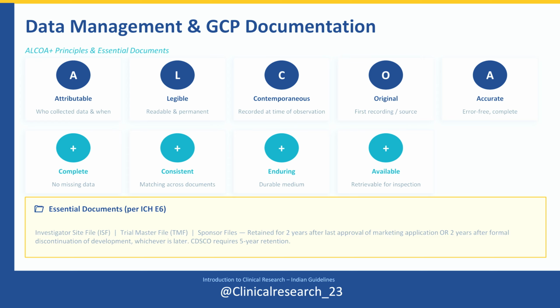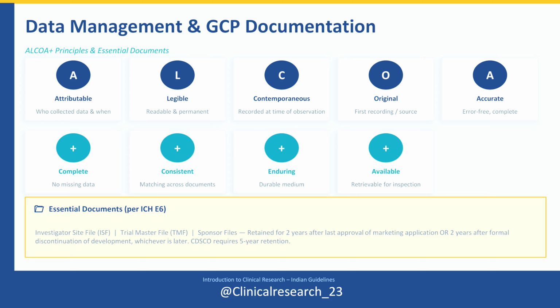Let's break down some of the specific qualities that make these documents reliable. The first is that they should be the original or the first recording or source of the data. This ensures authenticity. The records must be made contemporaneously, that is, at the time the observation or event occurs, to maintain their integrity. They should be readable and permanent, so the information remains clear over the years.